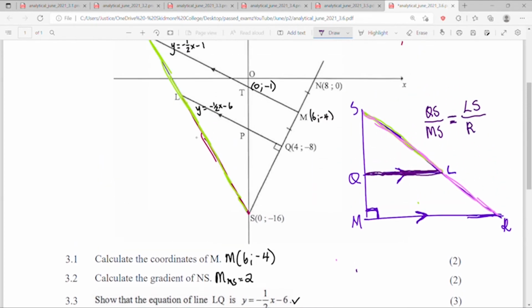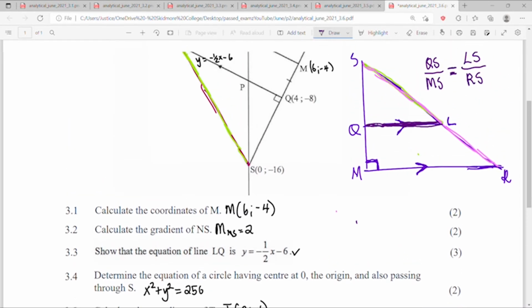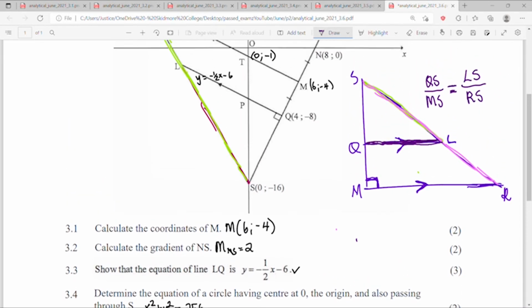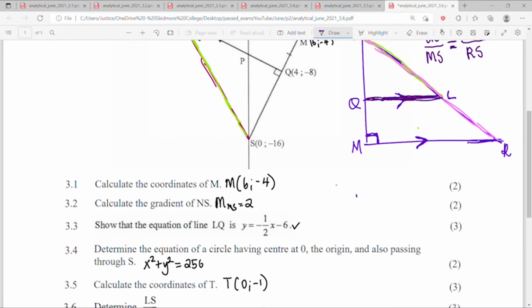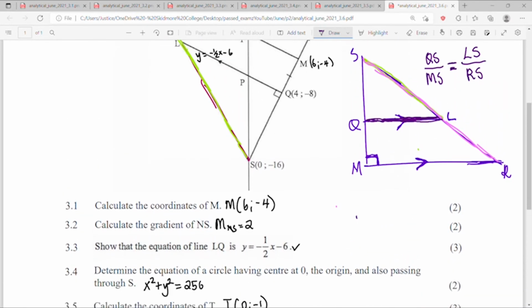We are reminding ourselves what this theorem says. It seems like a lot of work, but if you forget the proportionality theorem, you're never going to figure out this question.